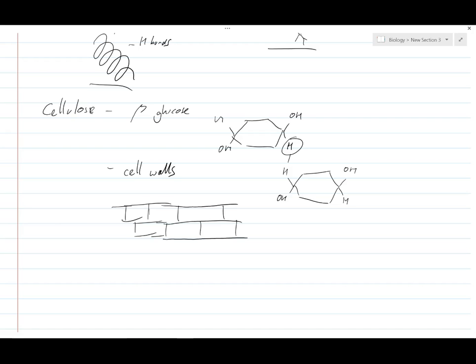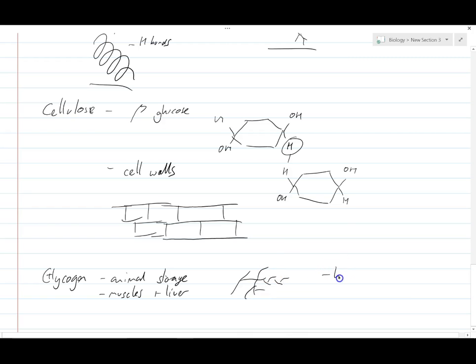So last molecule then we're going to take a look at is glycogen. And this is the animal storage polysaccharide. You mainly find it in muscle cells and in the liver. Pretty similar to amylopectin, so it's very branched, so you've got this branched-like structure here.